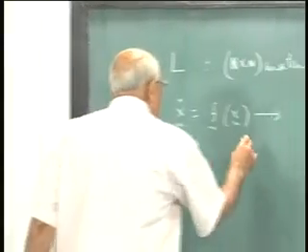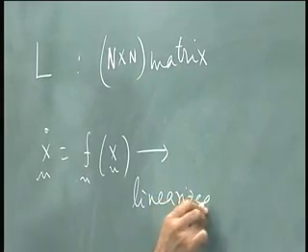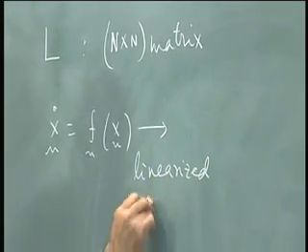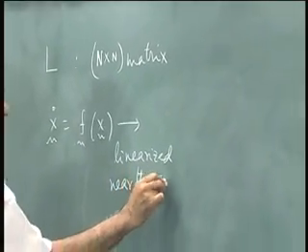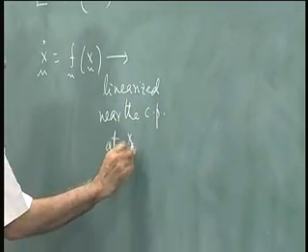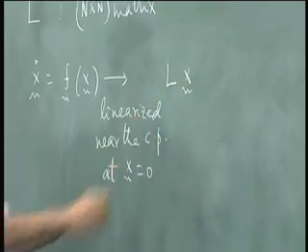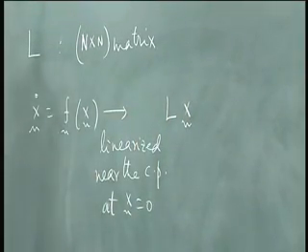This is linearized near the CP at x equal to 0, and this goes to L times x, where L is the Jacobian matrix.